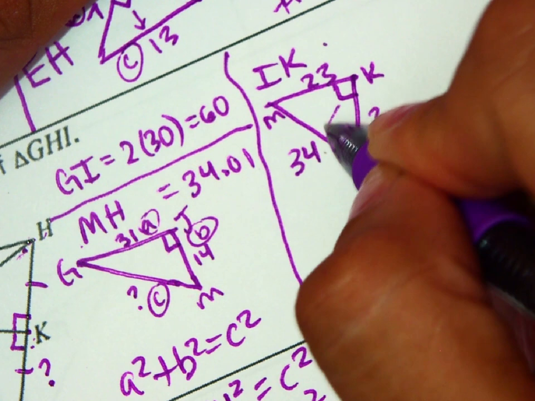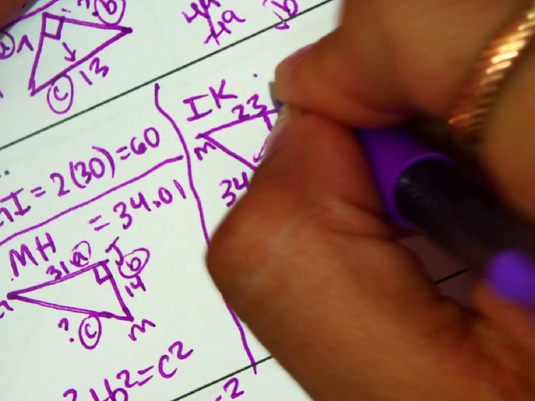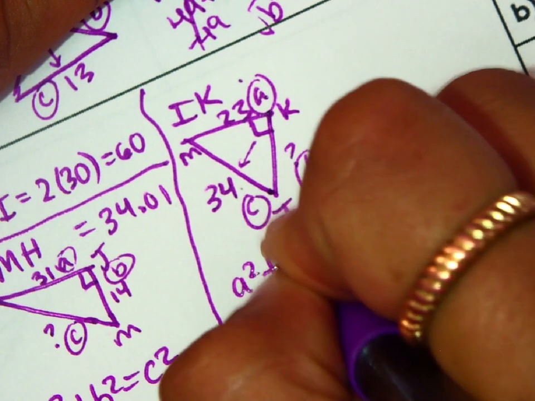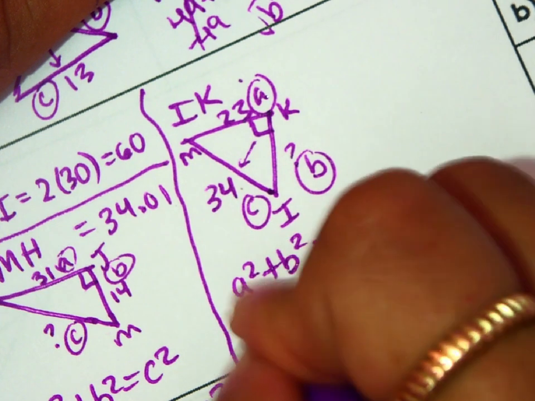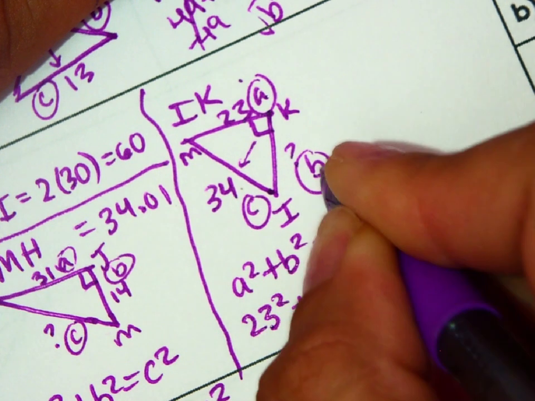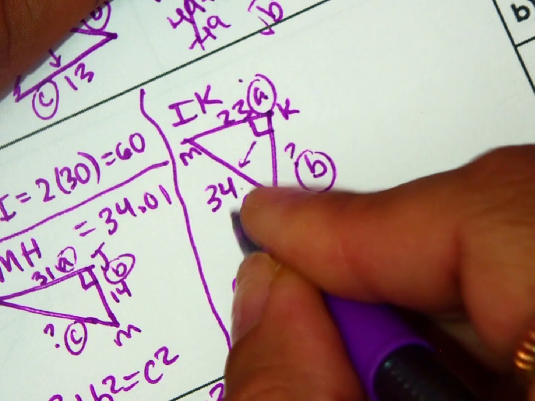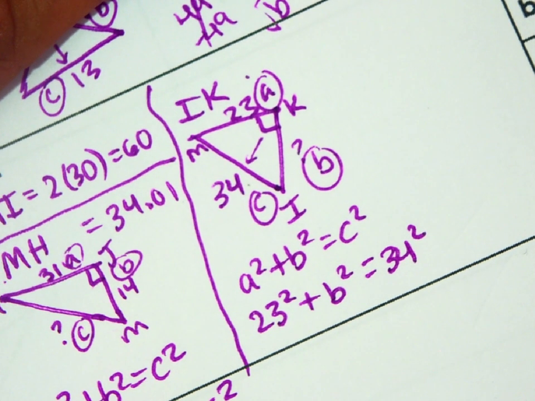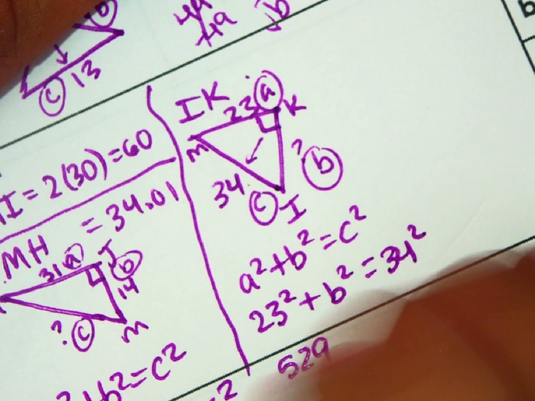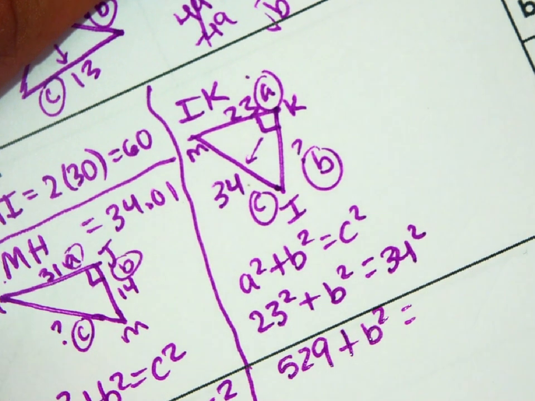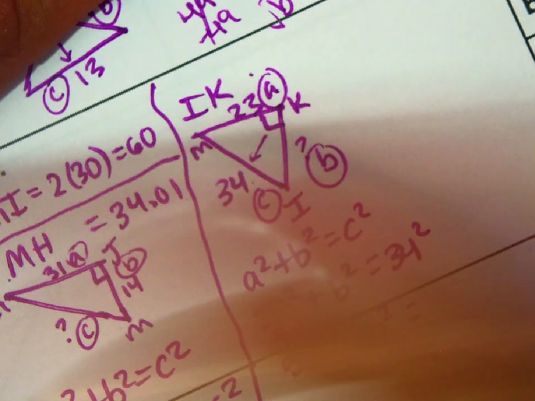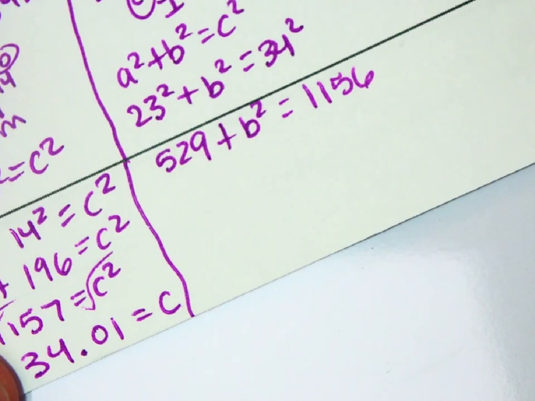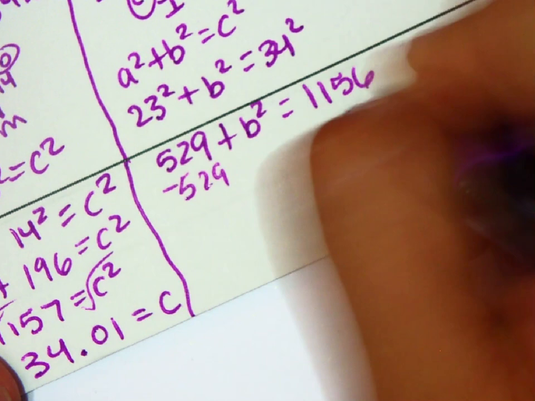Across from the 90 degrees is 34, so this is your C, and then A and B. We're going to do A squared plus B squared equals C squared. A squared is 23 squared, plus we don't have a B, so B squared, and C squared is 34 squared. So we have 23 squared, which is 529, plus B squared equals 34 squared, which is 1,156. To solve for B, we subtract 529 from this side and that side.